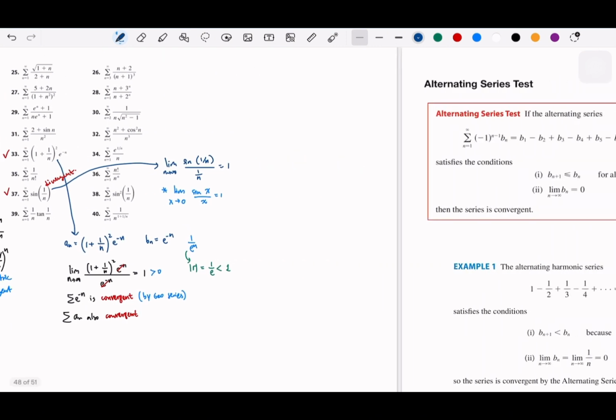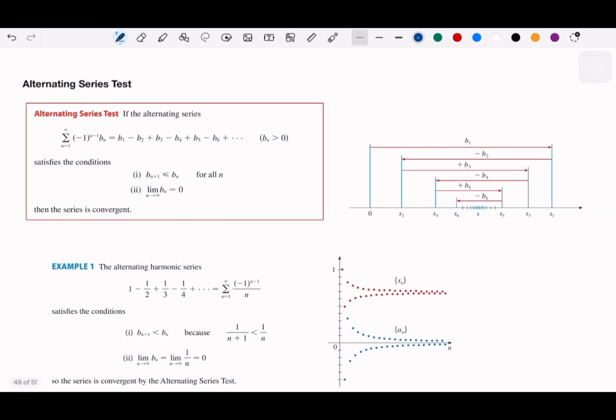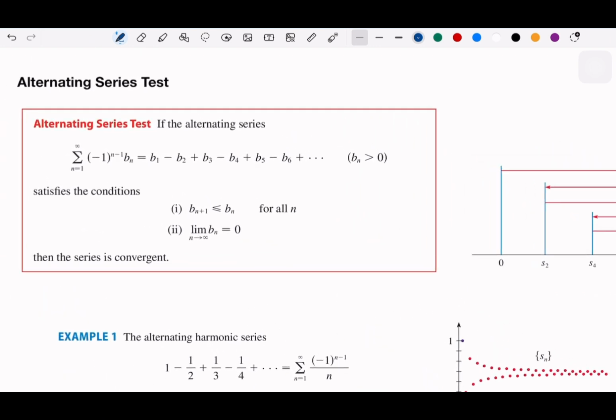Let me continue. The next test is the alternating series, which we are going to see quite a lot. The obvious way to know an alternating series is by looking at -1 with a power of something.